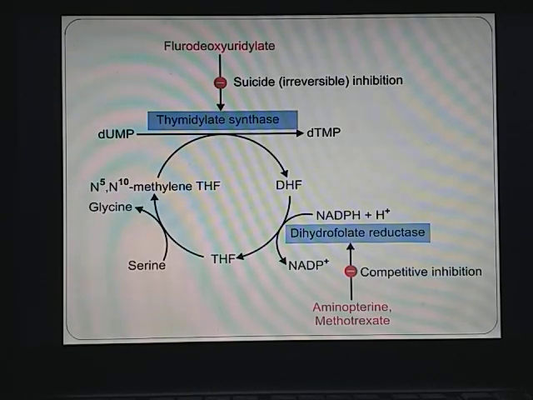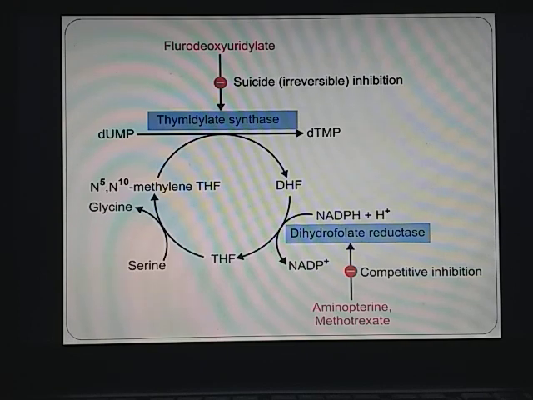Here 5-fluorouracil is converted to fluorodeoxyuridylate, which is a more potent inhibitor which inhibits thymidylate synthase in this reaction. So this is a classic example of suicide irreversible inhibition by an anti-cancer drug.